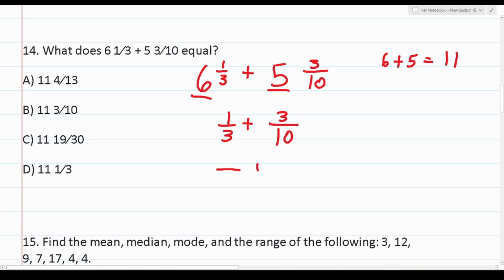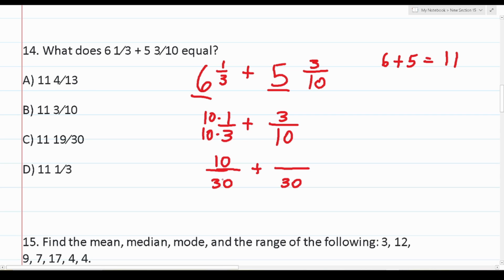And to do that, we're going to place them over 30 in this case. And the reason why is it's pretty easy to convert 3 to 30 and 10 to 30 as well. Again, 3 times 10 will give you 30. And if I take that 10 and multiply by its numerator, 1 times 10, we have an equivalent fraction.